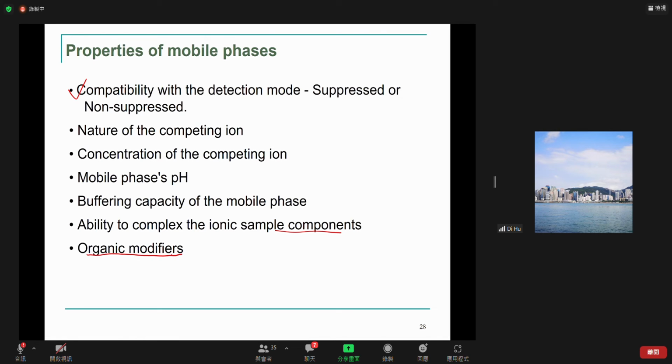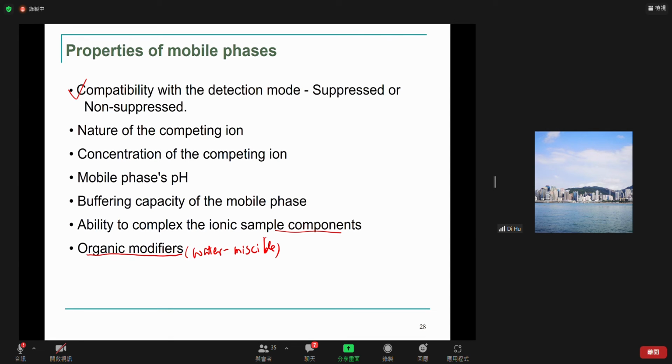Organic modifier, we mentioned that earlier, right? Sometimes if you have secondary interaction, you can think about adding some organic modifier. Usually it needs to be water miscible, okay? Don't worry, we'll talk about that.